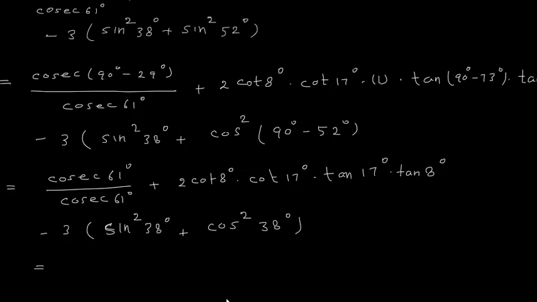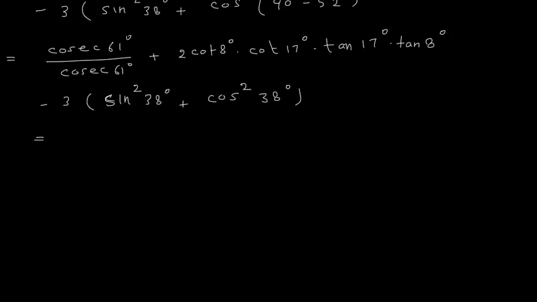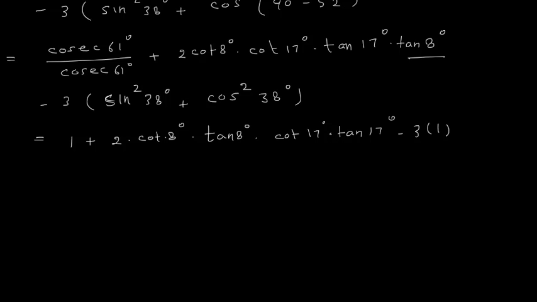Now this cosec 61 upon cosec 61 is 1, plus I will write this as 2 into cot 8 degree into tan 8 degree. So tan theta into cot theta is 1, and then we have cot 17 degree into tan 17 degree, and then minus 3 into sine square 38 plus cos square 38, which is 1.